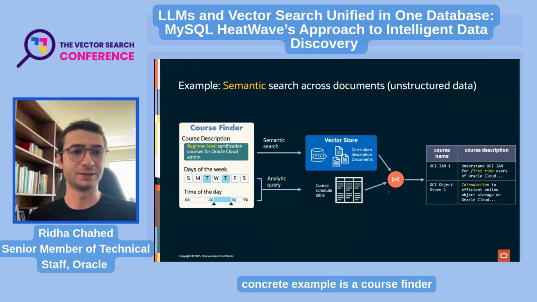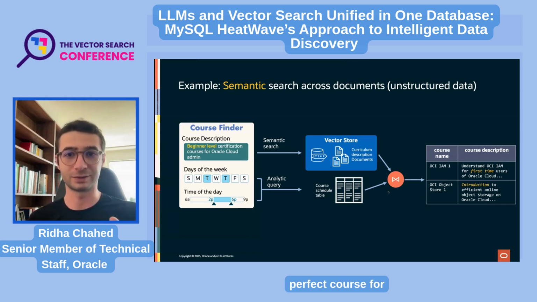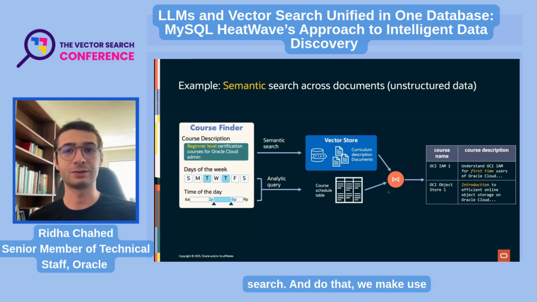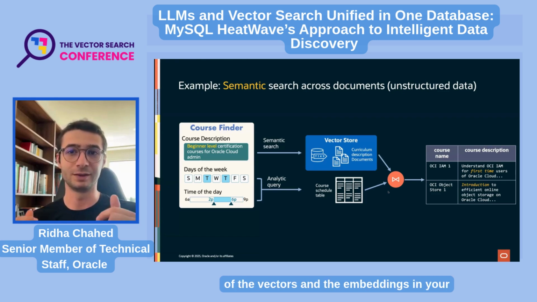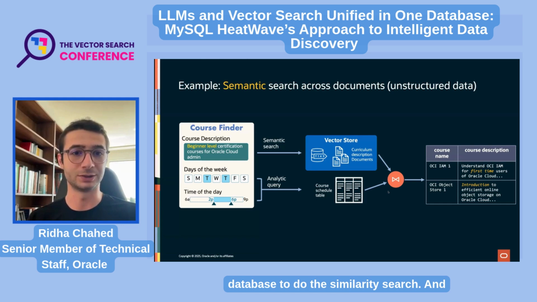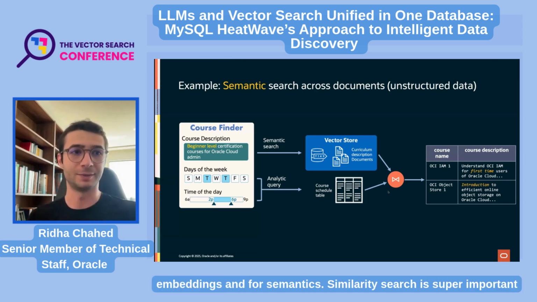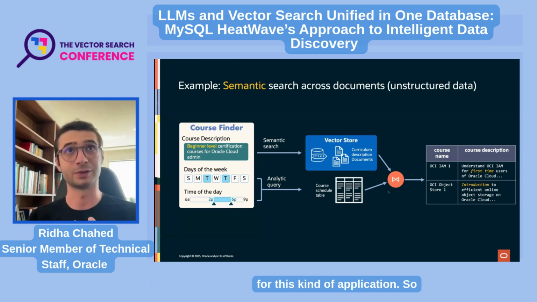The concrete example is a course finder application, where you're trying to find the perfect course for you. What you're trying to do is semantic search, and to do that, we make use of the vectors and embeddings in your database to do the similarity search. Having support for embeddings and for similarity search is super important for this kind of application.